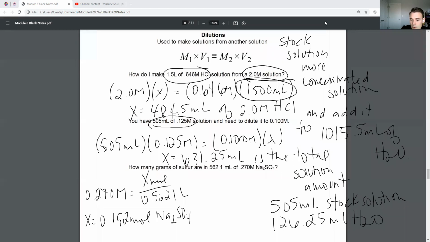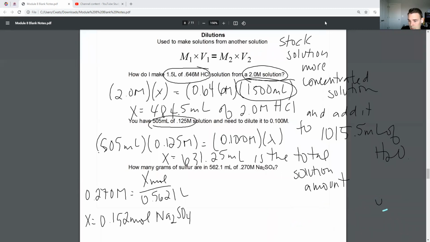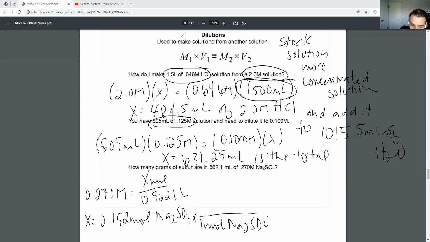Now, what I need is to know how many grams of sulfur is in that. Well, I know for every 1 mole of sodium sulfate, I have 1 mole of just S based on my formula, Na2SO4.